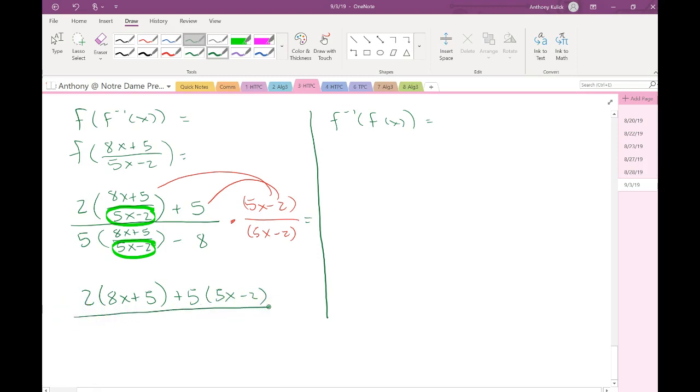Everybody okay there? I'm going to do the same thing in the denominator, but I'm going to skip drawing the lines and just write the results here. Everybody's happy so far?